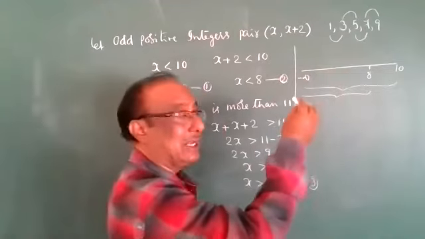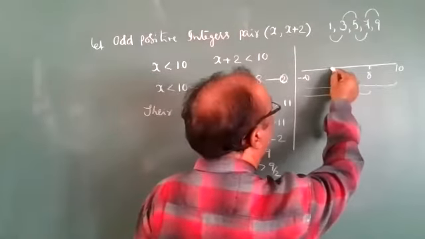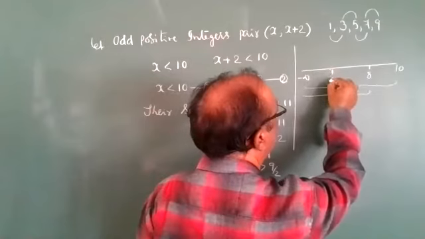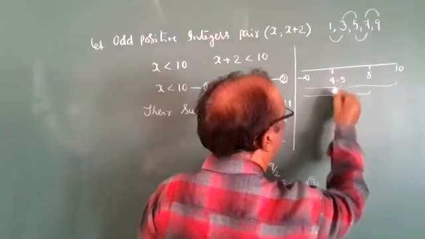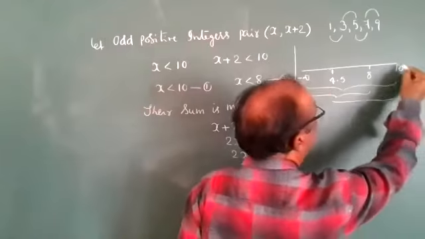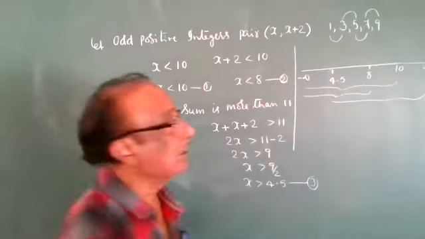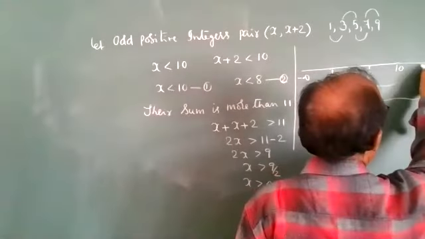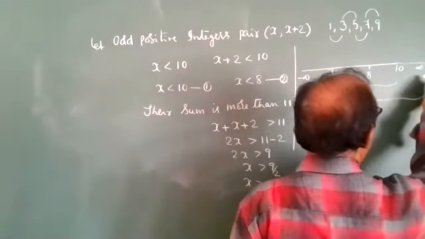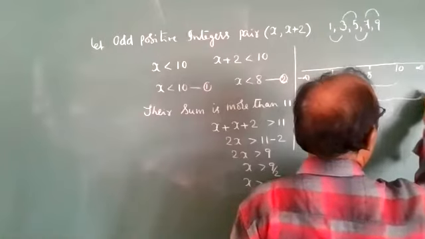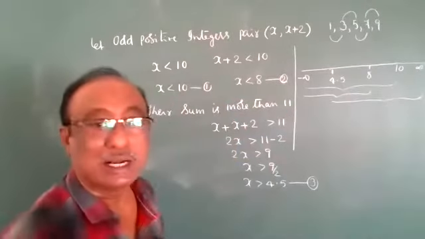Greater than means increasing, so 4.5 increasing. What is the common part?